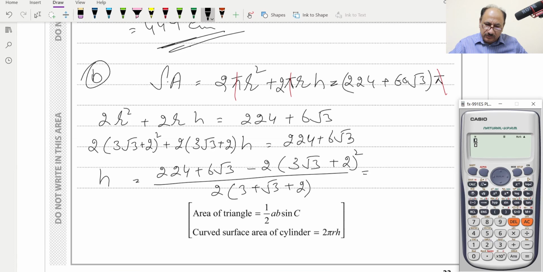This will be a fraction: 224 plus 60 root 3, minus 2 into (3 root 3 plus 2) squared, over 2 into (3 root 3 plus 2).